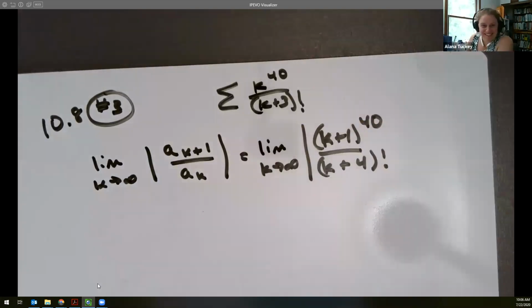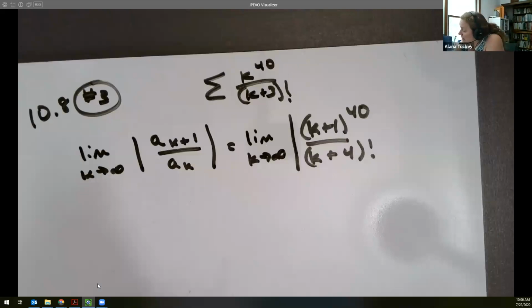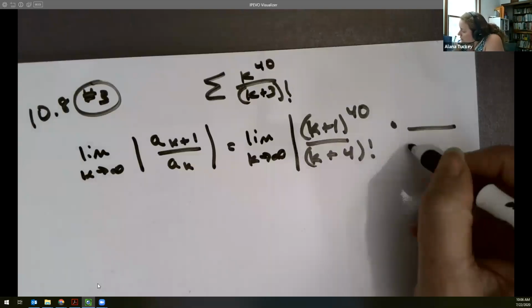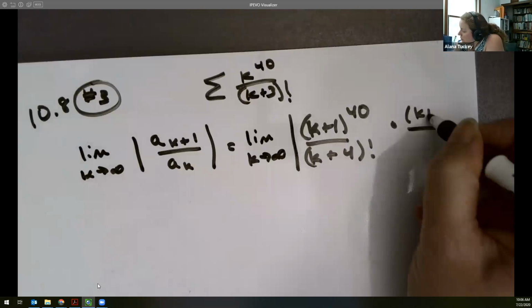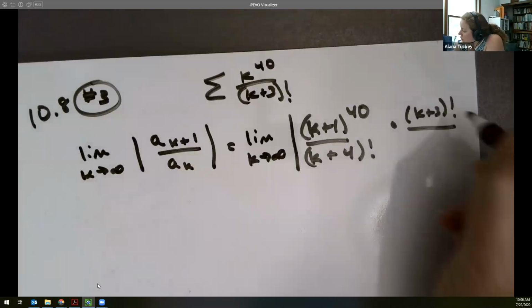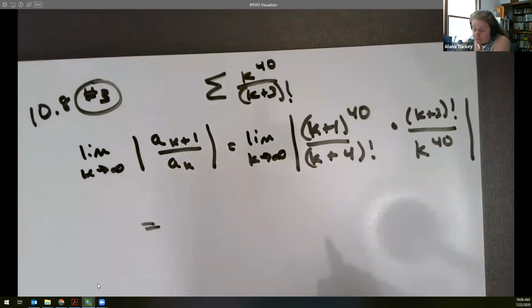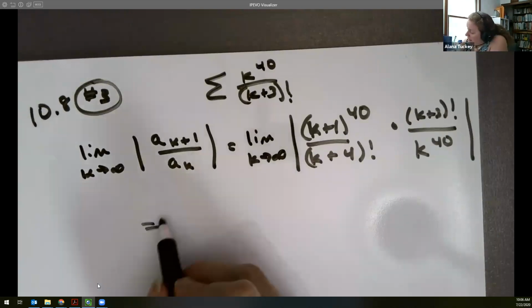Very smart. She was texting me. Yes, yes. So that's that. And then you're dividing it by, well, I'm just going to multiply and kill the middleman here. So it's (k plus 3) factorial over k to the 40. Okay, most of you had that correct. We're doing good, right? So then where you messed up was the algebra. Okay, so this, let me just, okay.